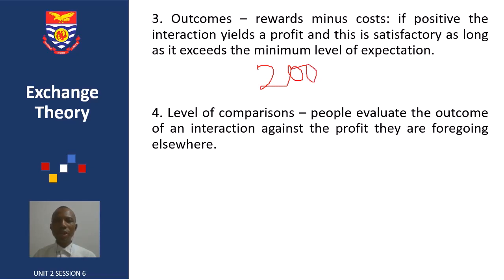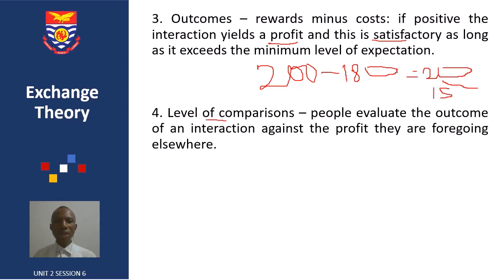The cost component here is 180. There is a difference of 20, and because it is positive, it means there is a yield of profit. Sometimes you have your margin, your target to meet, and it should not be less than the minimum expectation. Perhaps you expect a profit of 15 in the year, and now you have gotten 20. It means that you have done well.